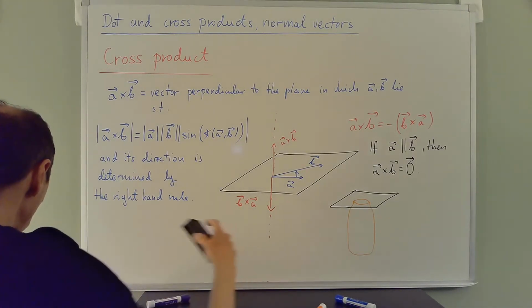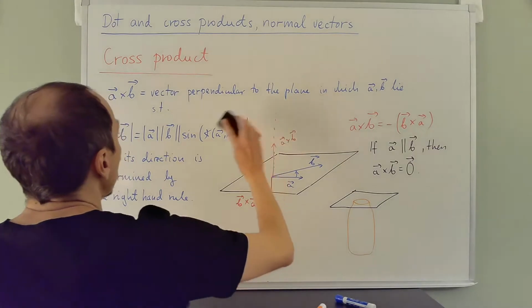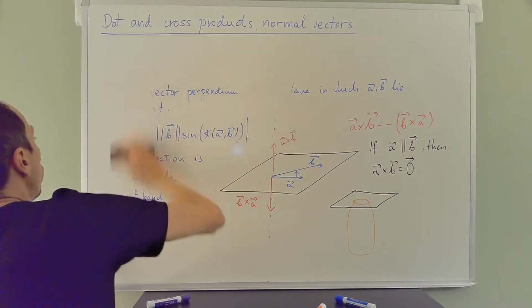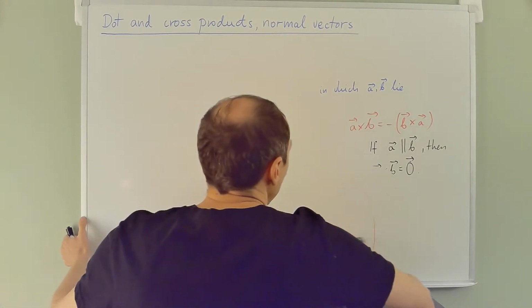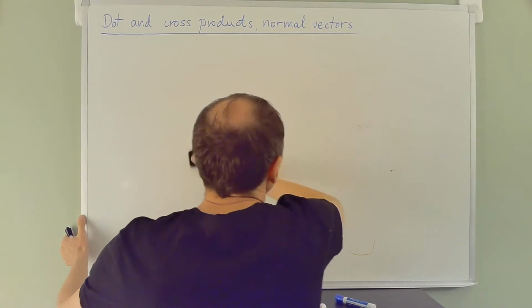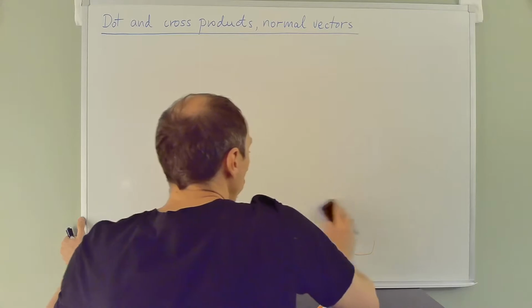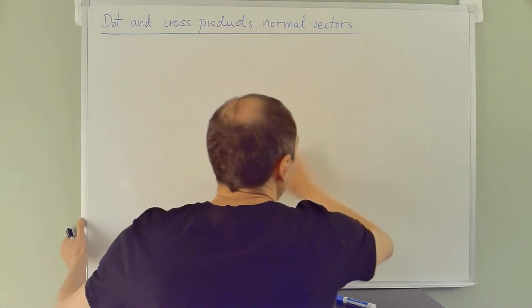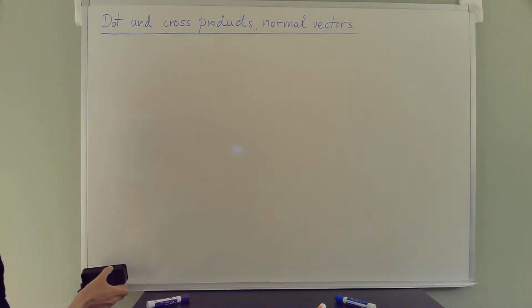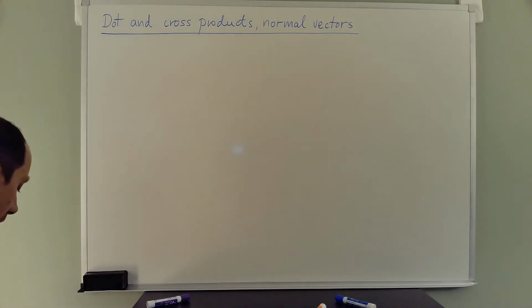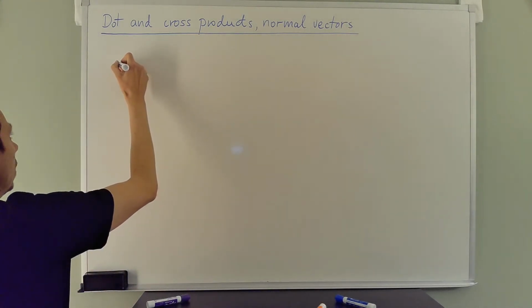Okay, there is some relationship between the cross product and the dot product that we will actually use, and I encourage you to look up a proof of it in some analytic geometry book, but I'm not going to prove it here. But it's a useful relationship.